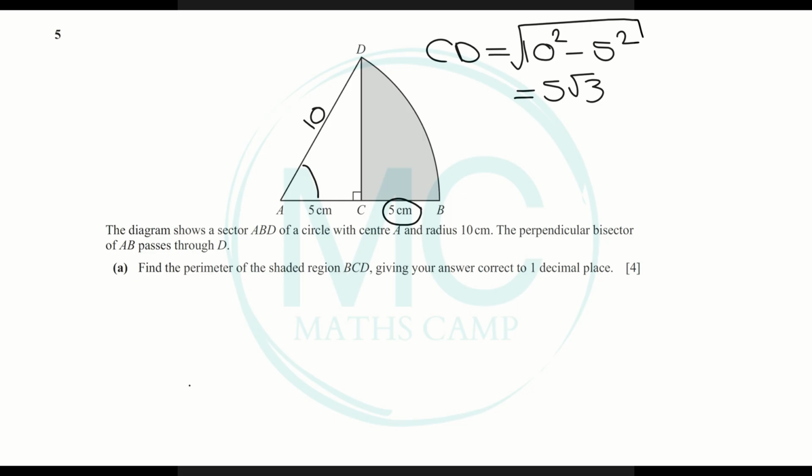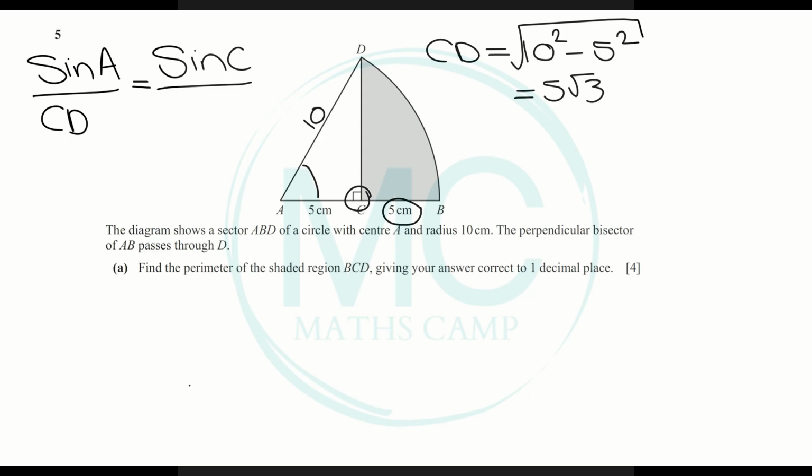The sine rule tells me that sine A over the opposite side of the triangle, which in this case is CD, is going to be equal to another given angle. I know that C is 90, so I can say sine C over the opposite side of the triangle, AD.